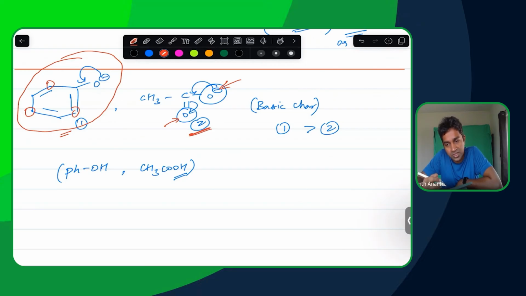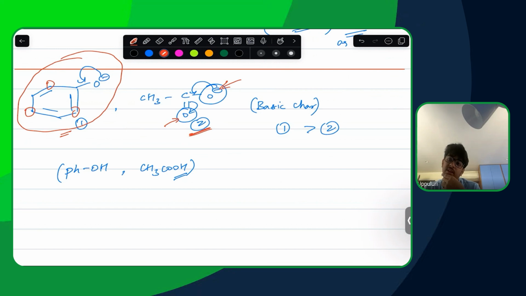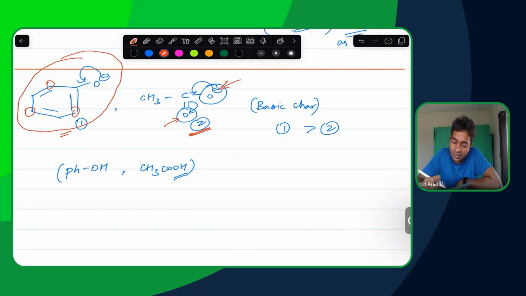Whichever location attacks, the other fellow will compensate and become the double bond. Almost symmetric. So this acetate ion here has major advantages when it comes to the nucleophilic character, because the two locations become equal.